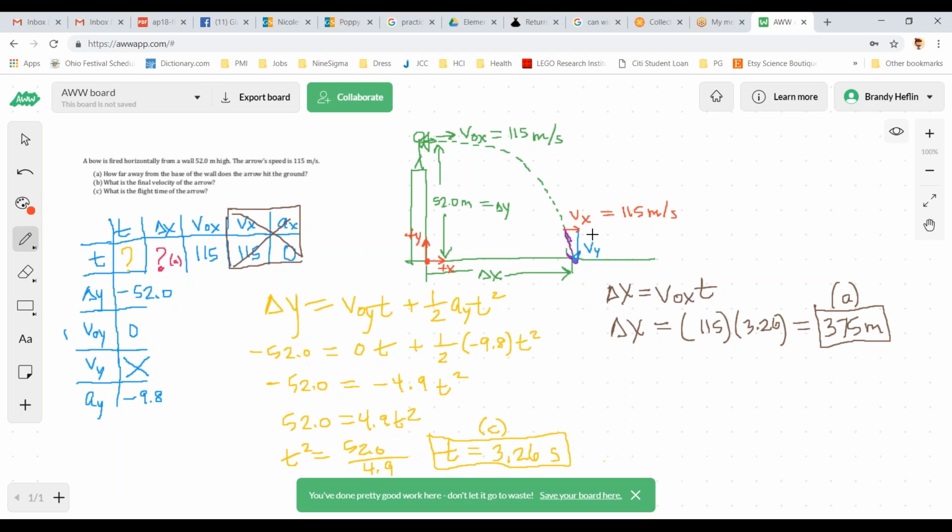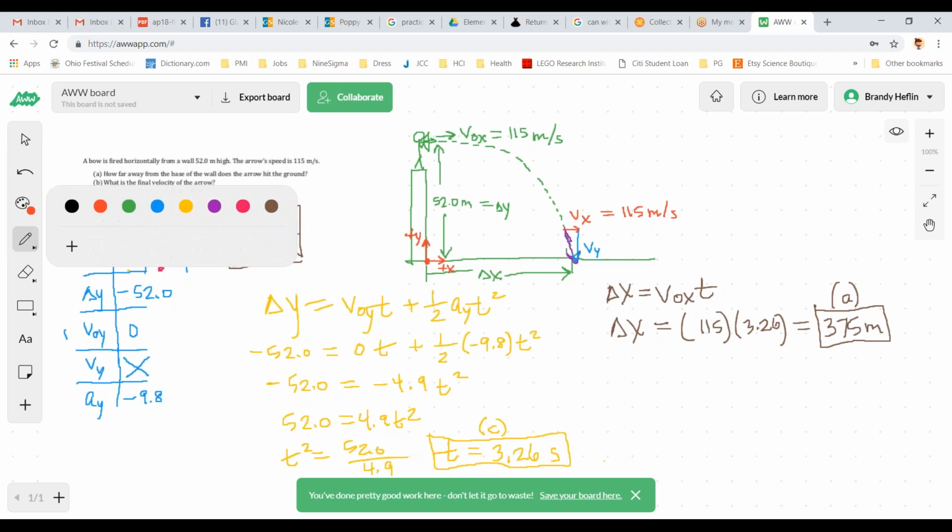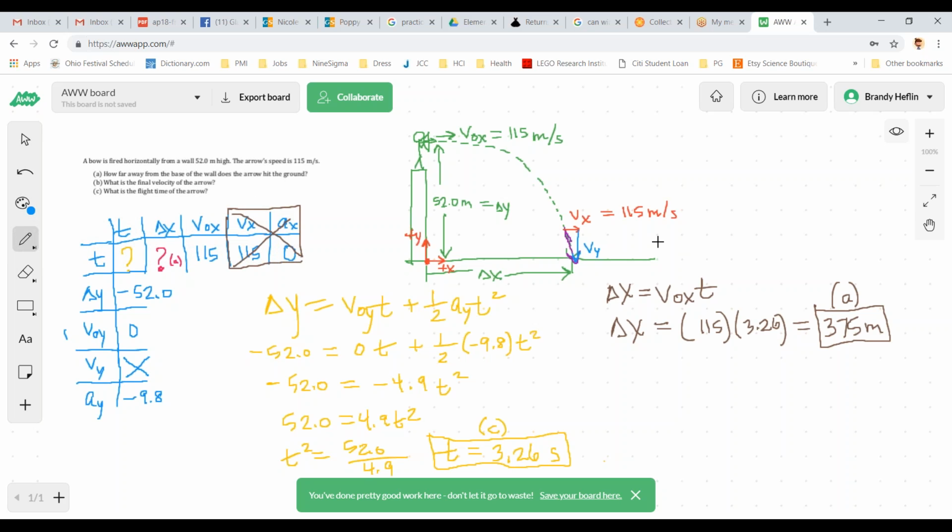So now we can come back and look at our table again, and really we can pick any equation that involves Vy, the final velocity. I think the easiest one is going to be Vy equals v naught y plus a_y t.